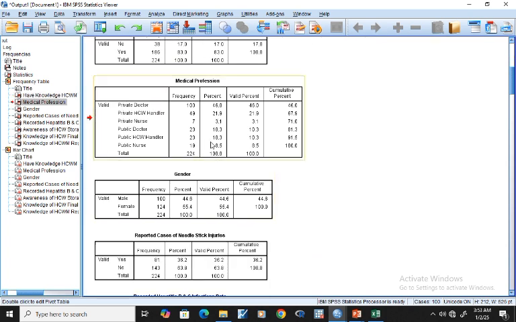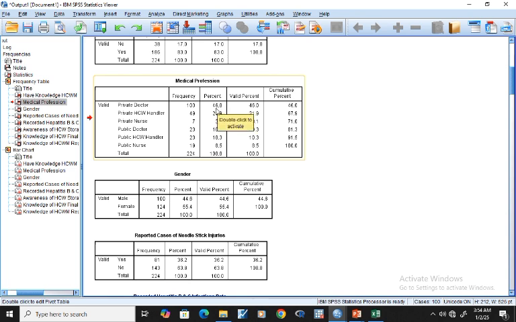So this is important for you so that you'll be able to describe what is happening in the data. And you could see the medical profession that attempted the survey, more of private doctors.